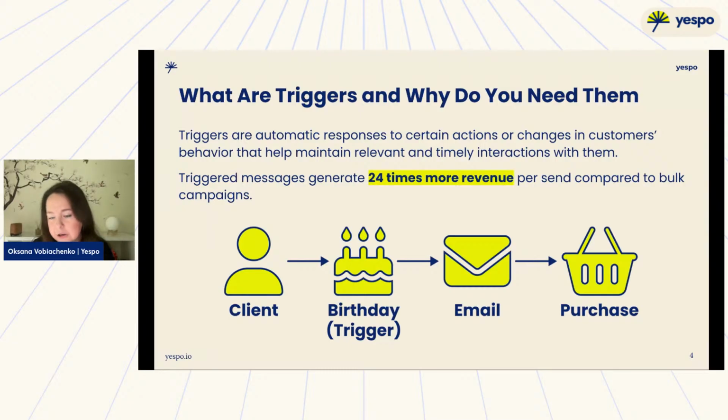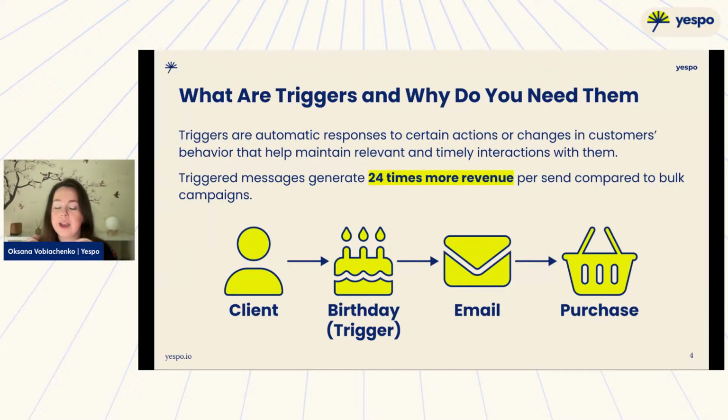The value lies in timing and relevance. We don't blast the whole list of subscribers or potential customers. We speak when there is context, when the system understands that it's relevant to communicate with our customer right now.